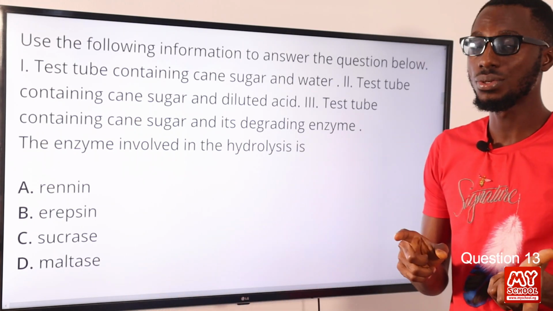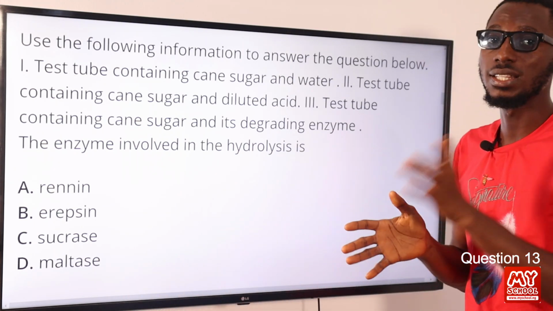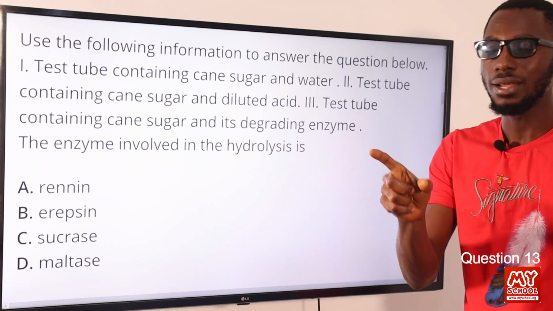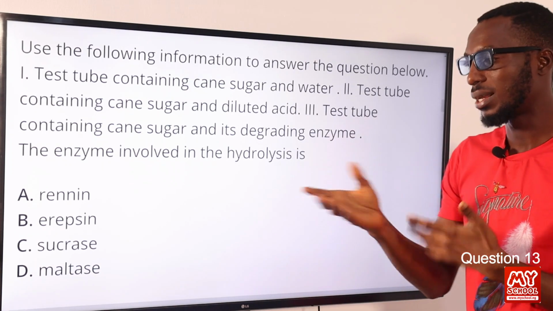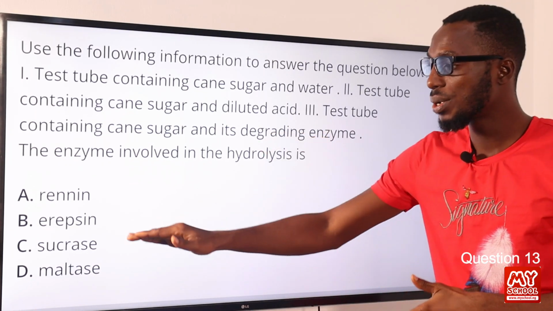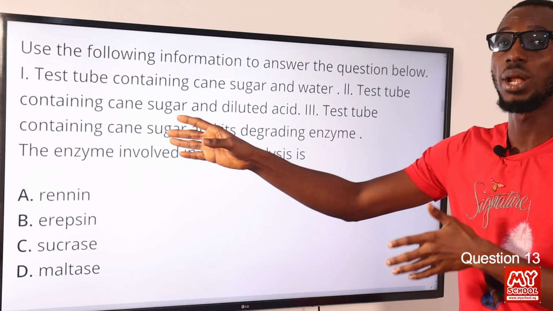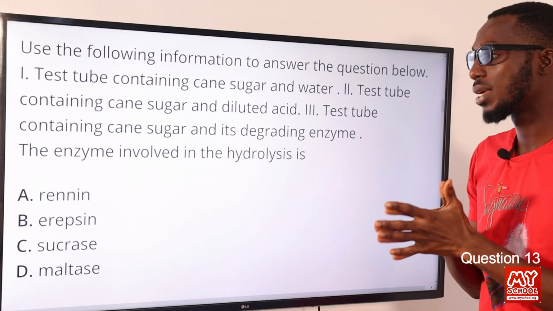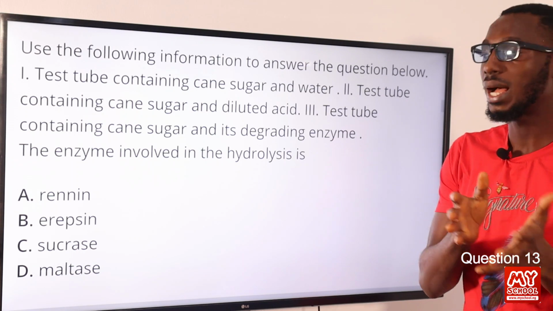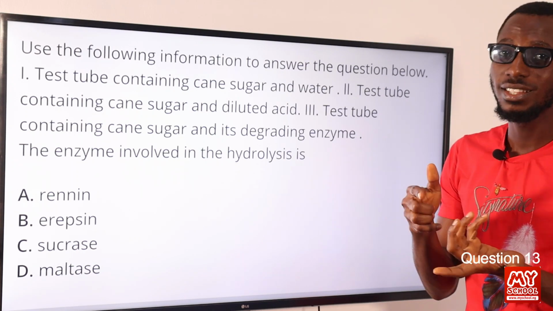Maltase is for maltose, it breaks maltose that is formed from the hydrolysis of starch by dilute acid. It works on maltose. You can look at that. So sucrase is for sucrose, and sucrose is what we are looking at here. So the correct option is option C, sucrase that breaks sucrose into glucose and fructose. Option C is the correct option.